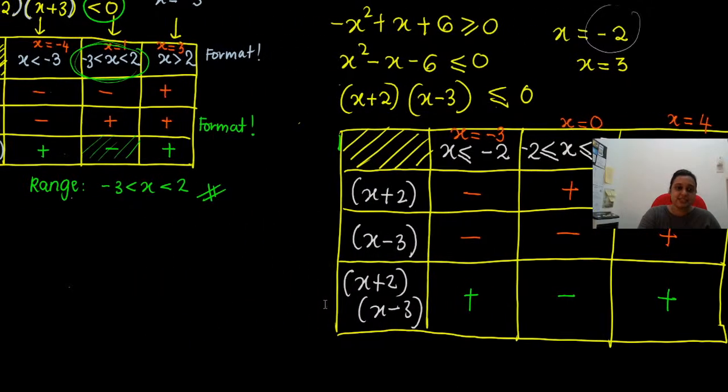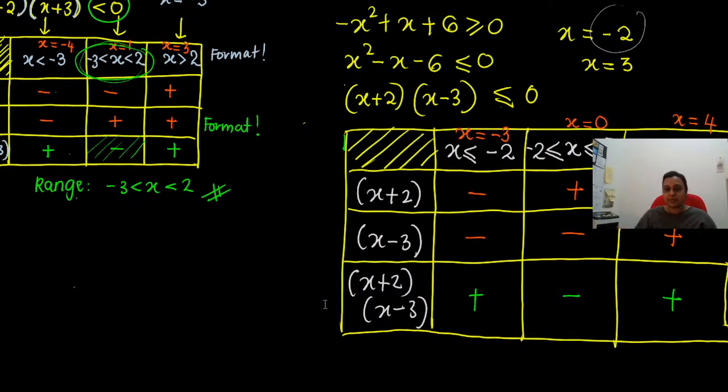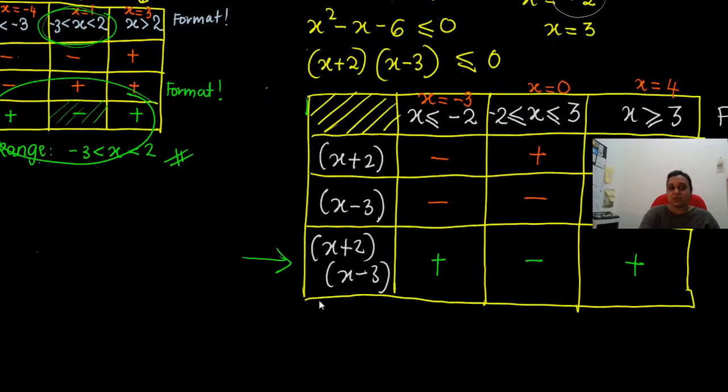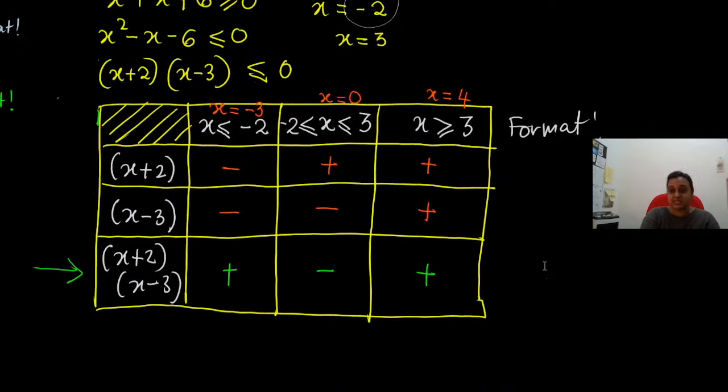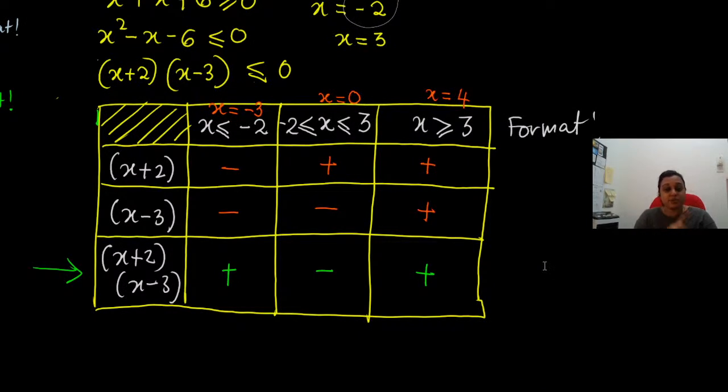The last row signs are always the same, because that's the format. You must always get it like this. If you substitute values and you're not getting this, that means something went wrong when you calculated.